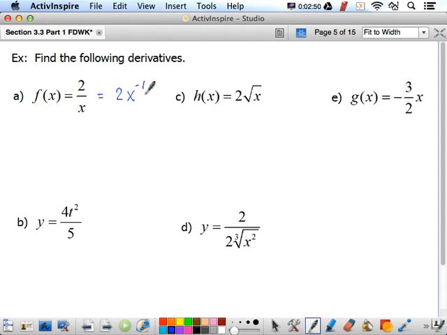Once you get it in that format, coefficient and then x to some power, you can apply the general power rule, which says that f prime of x has to equal the power times the coefficient. So negative 1 times 2 is negative 2. Down 1 on the power is x to the negative 2. Then you simply rewrite that to make your exponents positive: negative 2 over x squared. And that's your derivative.